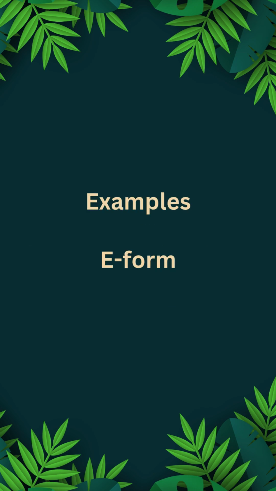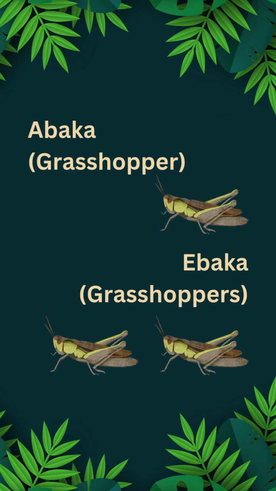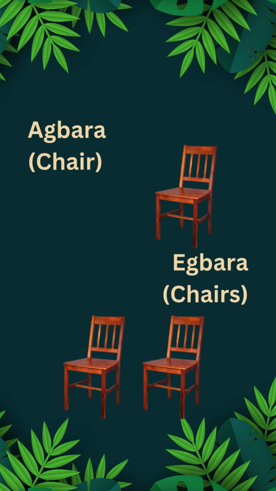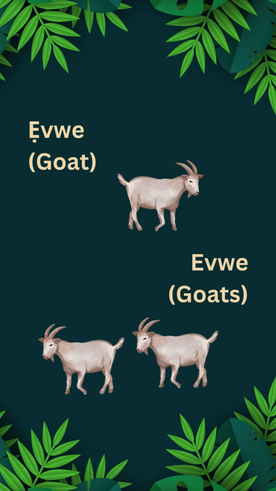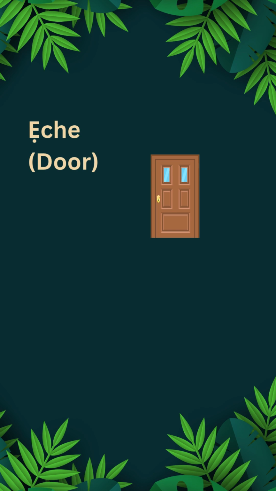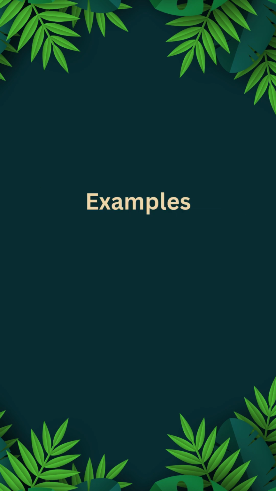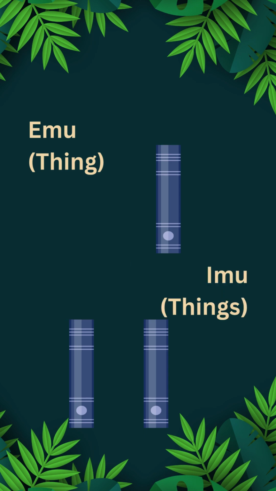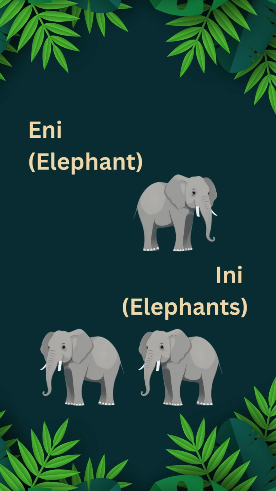Examples: singular form, plural form. abakan, ìbàkan. agbára, ìgbára. èwe, èwe. ẹ̀chẹ, ẹ̀chẹ. Example: singular form, plural form. emu, imú, thing, things. eni, ini, elephant, elephants.